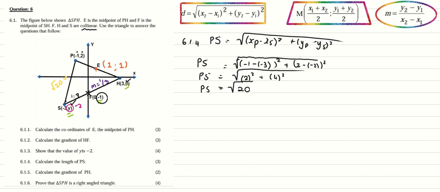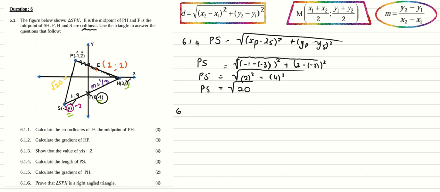Very important to write that unit because you might confuse it as a gradient. So now that that's done, the next question is to calculate the gradient of PH. So PH is the segment over here, and based on the slope of this line, we expect our answer to be negative.